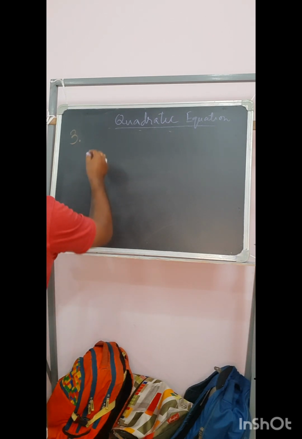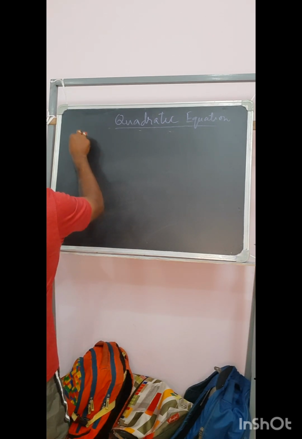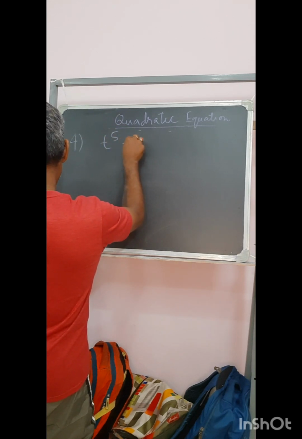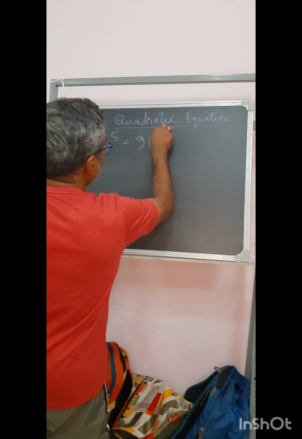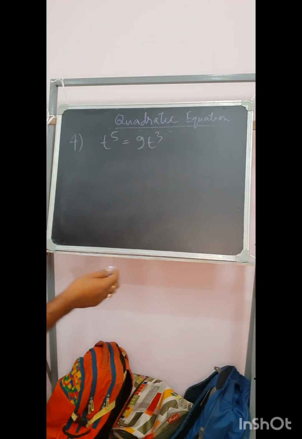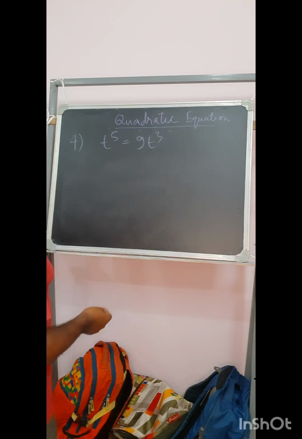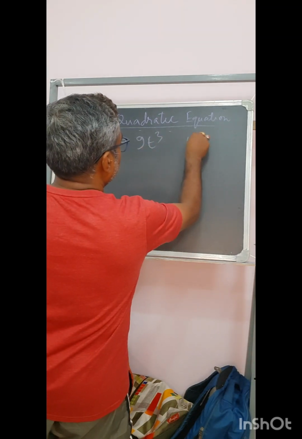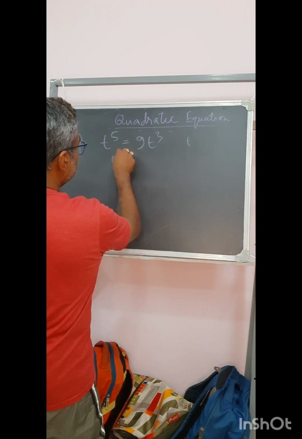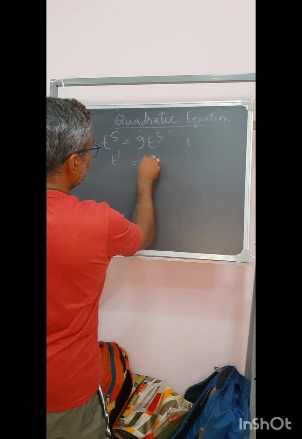Now tell me, what about this if it is written like t to the power 5 is equal to 9t cube. Now generally people, when they are not so mature in this kind of problem, may cancel t cube on both sides, and simplify to t square is equal to 9.